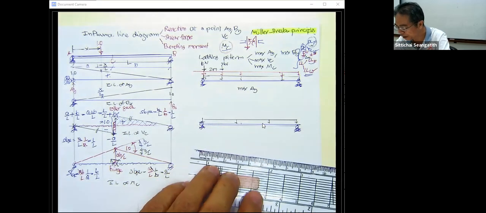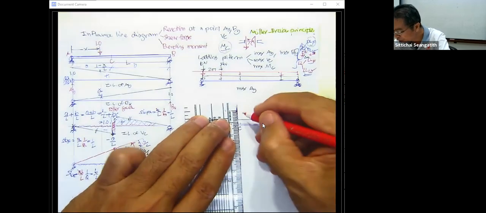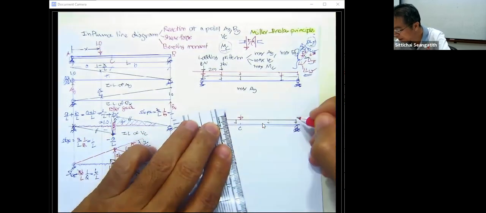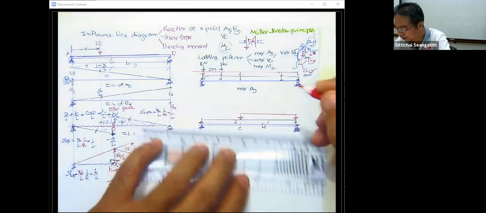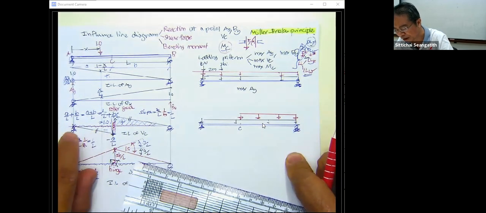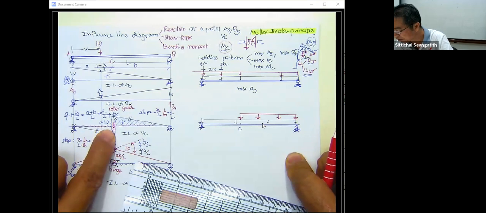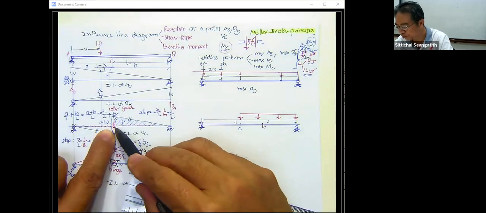This is going to be the point C. That means the live load this time will be just between C and B. Because if we put it between A and C, that's going to produce a negative influence to the shear at this point C.